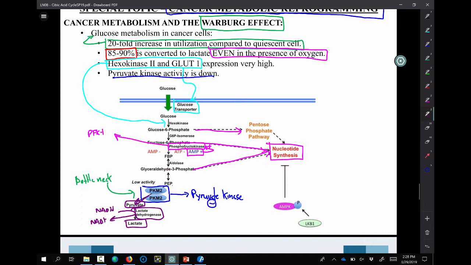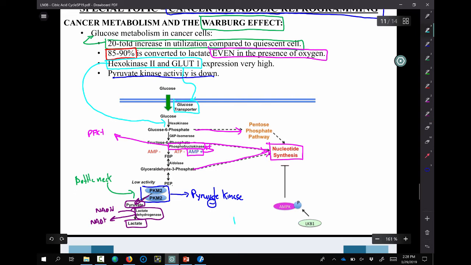Lactate dehydrogenase at one point in time seemed to be a pretty promising drug target for some cancer cells, though it's not really panning out because it's hard to develop a drug for it that's really specific. But I can say this: you can knock down expression of lactate dehydrogenase in many cancer cells, and they'll die.